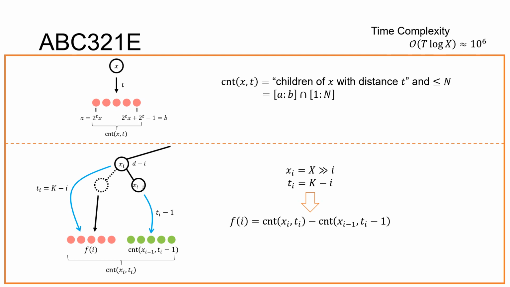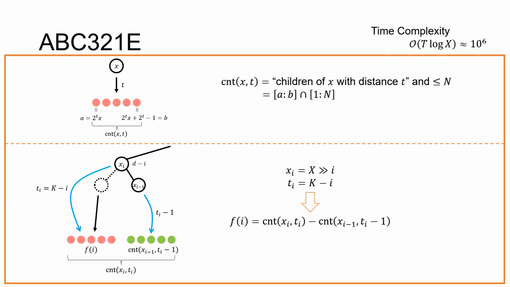Considering the graph size n, we take the intersection of the interval and 1 to n. We leave the details to you, but we can implement it in O of 1.